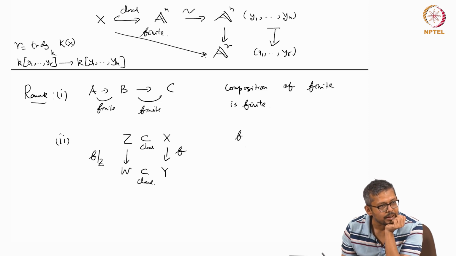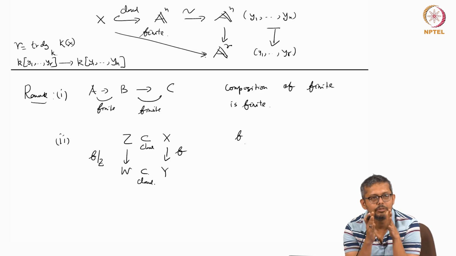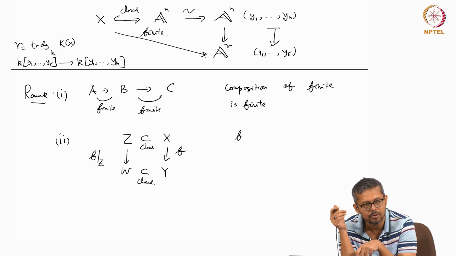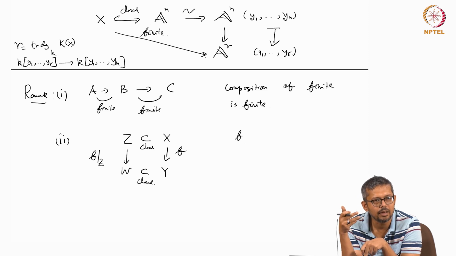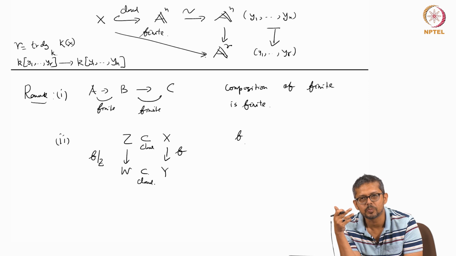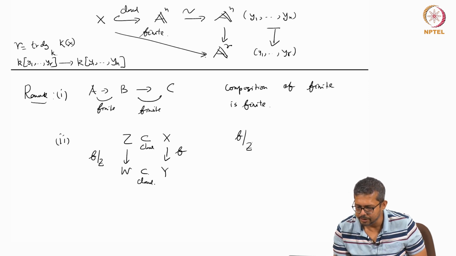Yeah, that I will prove later. But I am saying that if you have a finite map and you take a closed subset Z, then you will see it's a property of the finite map that the image of a closed set is closed. But I am saying a priori, if you just assume that Z is taken to W, where W is a closed subset, then this restriction is also a finite map. So this is a morphism, and F restricted to Z is finite.